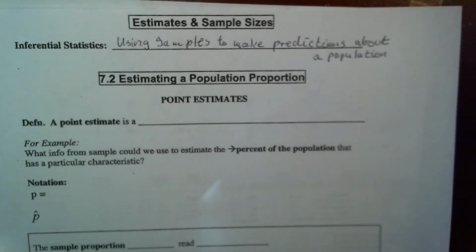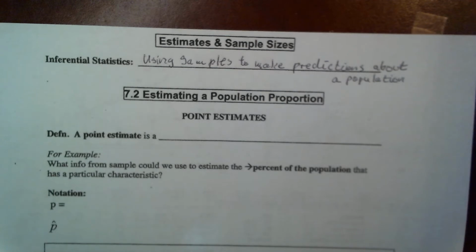And the population mean would then be the population average for a certain measurement. We will also discuss the reliability, the confidence of those estimates, and we will also present methods to determine the sample sizes necessary to estimate those parameters.